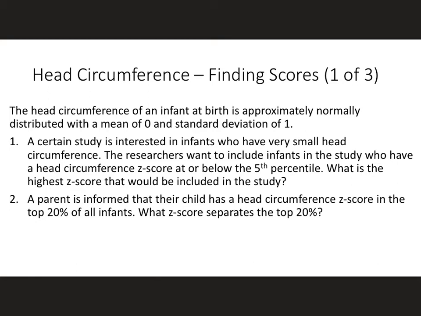A certain study is interested in infants who have very small head circumference. The researchers want to include infants in the study who have a head circumference z-score at or below the 5th percentile. What is the highest score that would be included in the study? And number 2, a parent is informed that their child has a head circumference z-score in the top 20th percent of all infants. What z-score separates the top 20th percent?